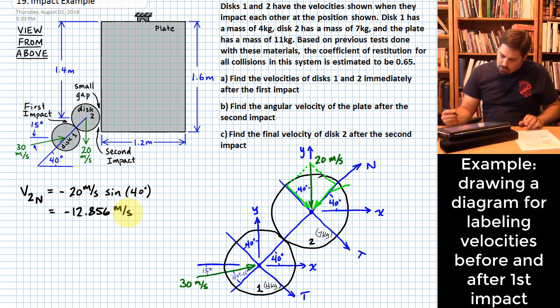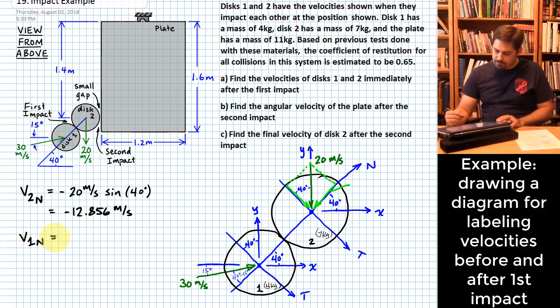Well, what about the velocity of 1 in the normal direction? That is going to be equal to, we've got to split this 30 meter per second into one that goes along the normal. So again, that's actually going to be positive.